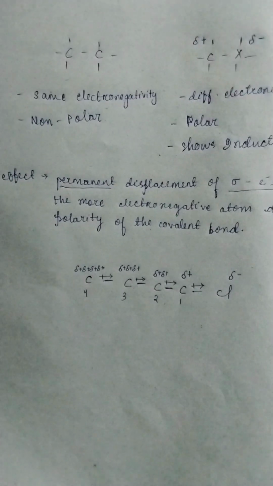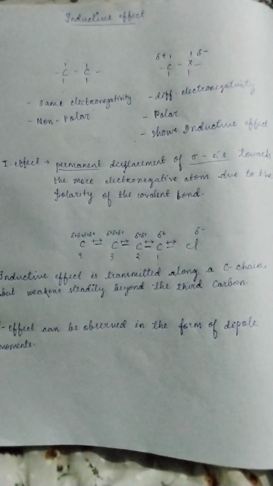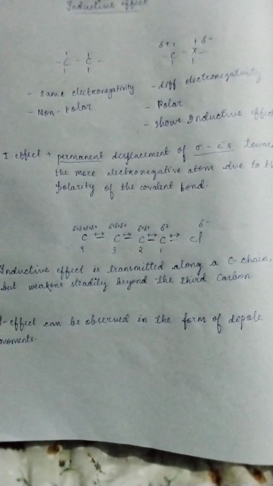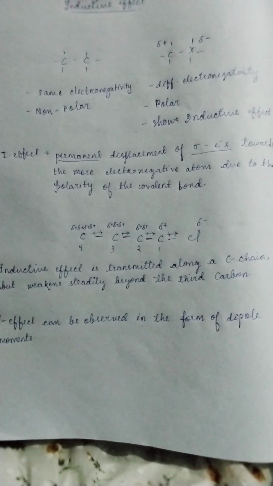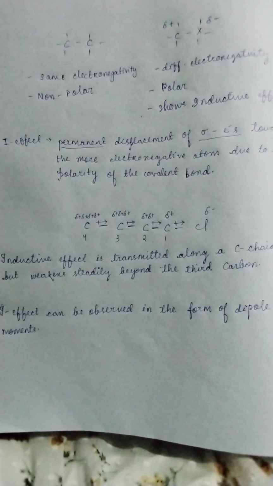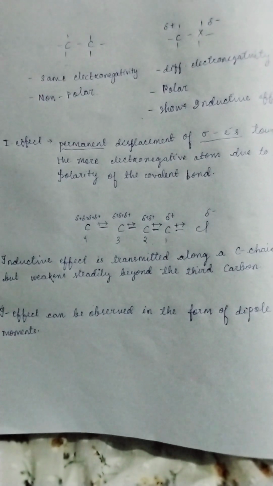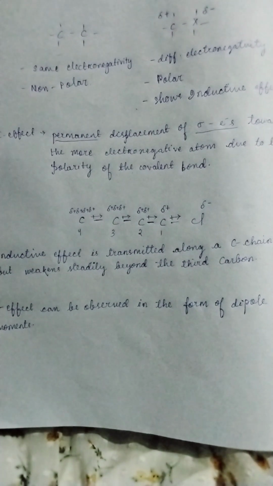All right, let's write the statement. Here I have written the statement: inductive effect is transmitted along a carbon chain but weakens steadily beyond the third carbon. And one more conclusion that we can draw is inductive effect is a permanent effect which can be observed in the form of dipole moments, okay?